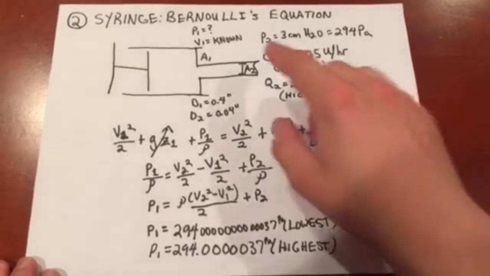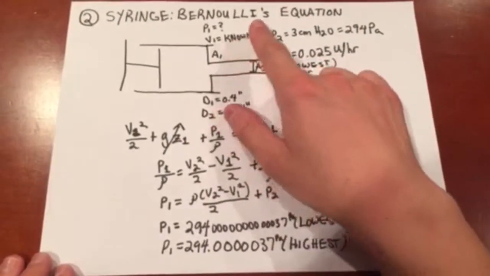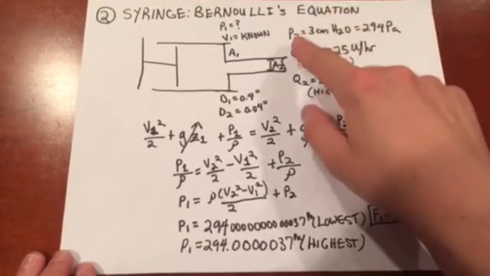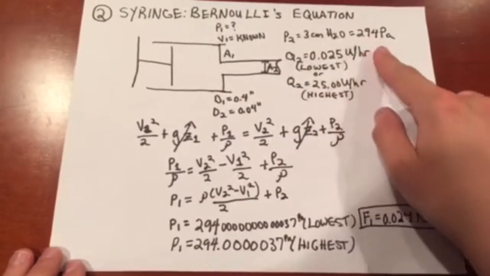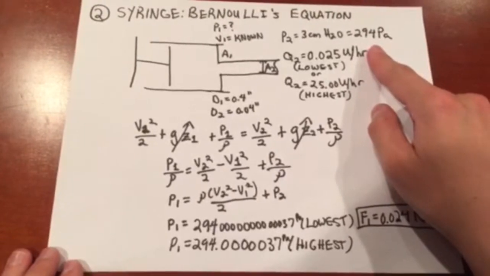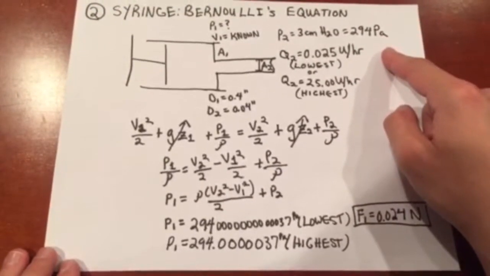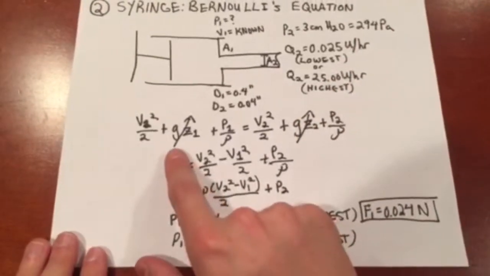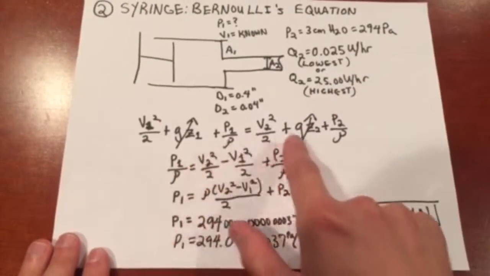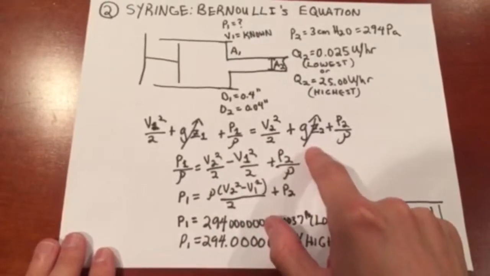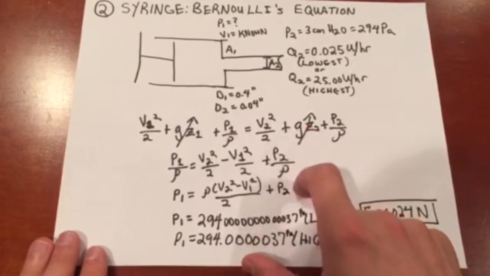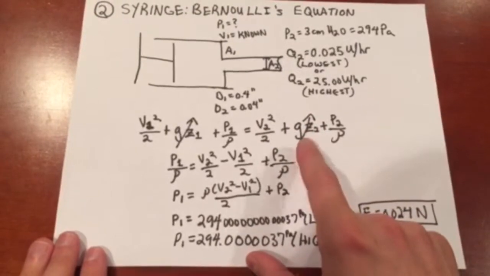Now that we know the velocity in section 1, we can calculate the pressure in section 1 using Bernoulli's equation. P2 was found to be 294 pascals in literature as the subcutaneous pressure. Using Bernoulli's equation, we can eliminate the change in potential energy by assuming that the height between the insulin pump and the infusion site on the patient is insignificant.